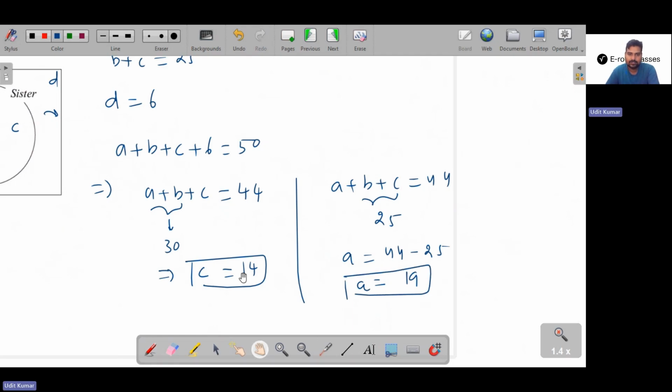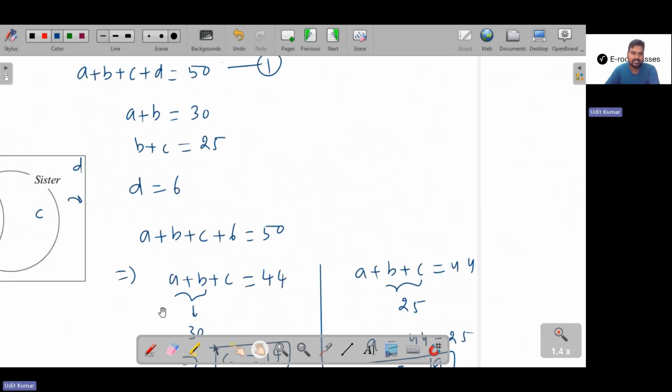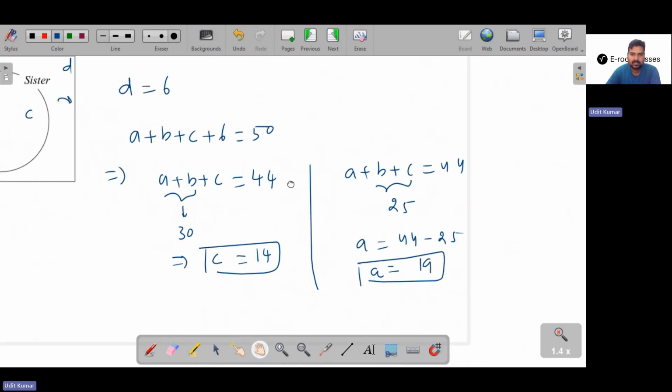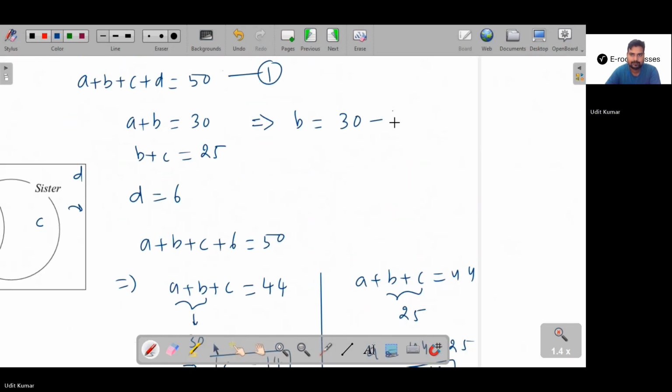Okay, so C is 14, A is 19. If C is 14 and A is 19, then it implies that B must be 30 minus, what is A? A is 19. So 30 minus 19 will give you 11, right?